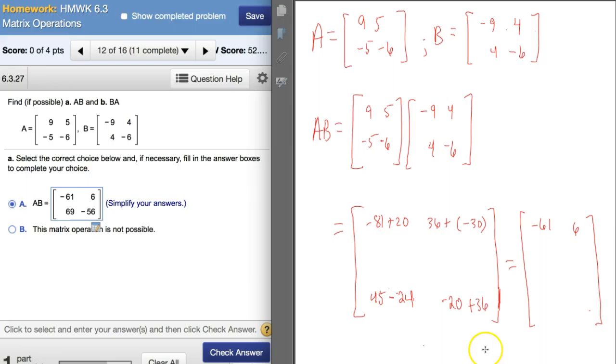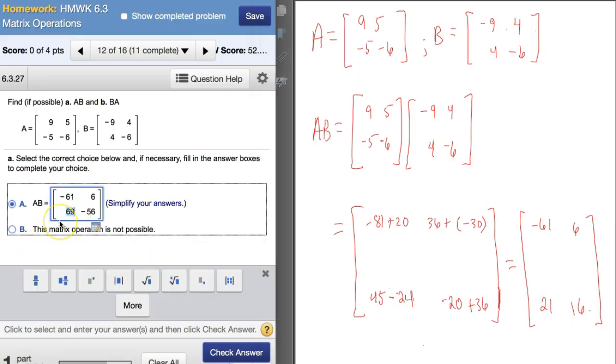So now we have a little different story here. So if we have 45 minus 24, that should be 21. And of course, negative 20 plus 36 is a positive 16. So let's change our last two answers here to 21 and 16.